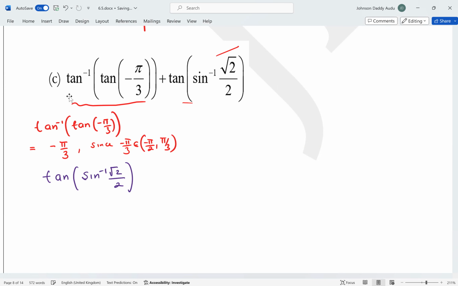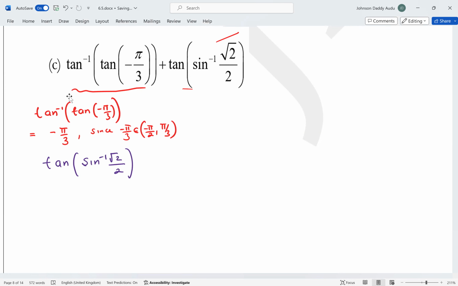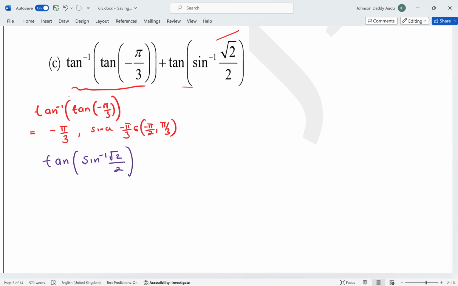We will follow the same procedure: let y be sine inverse of root 2 over 2. I think this is even a good one, we can do this easily. So what is sine inverse of root 2 over 2? It's just going to be 45 degrees, right?